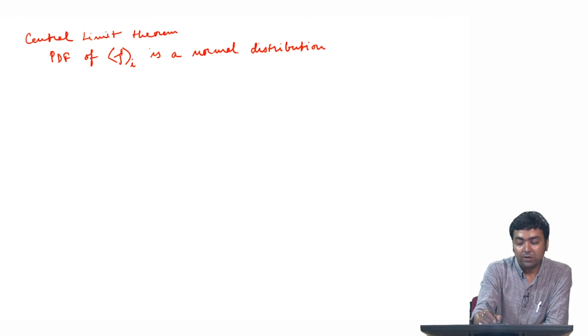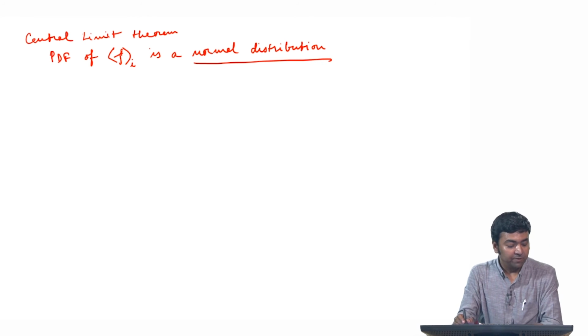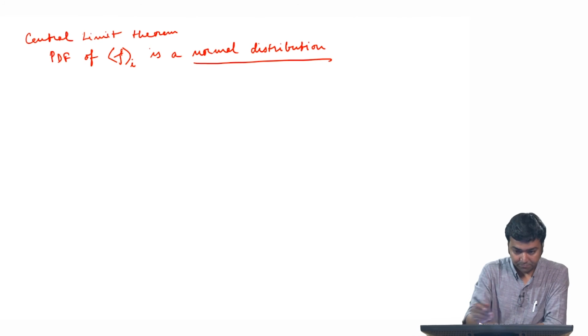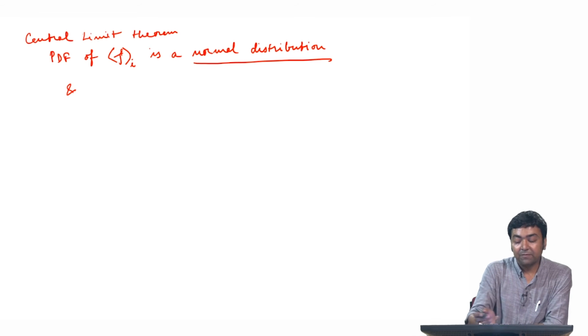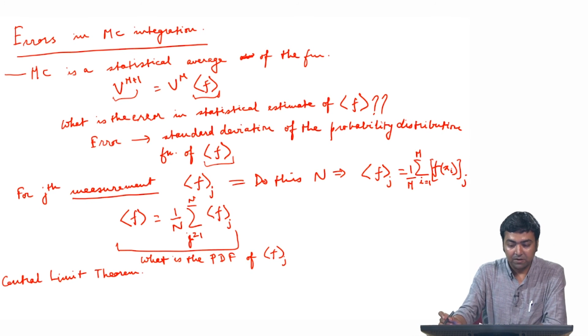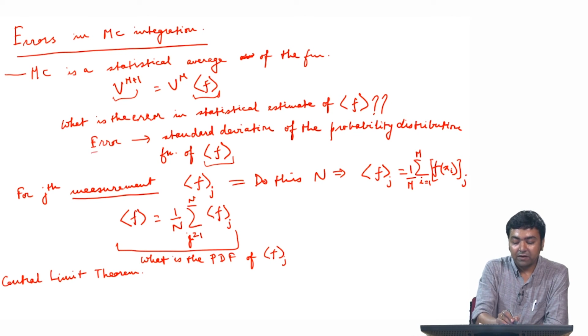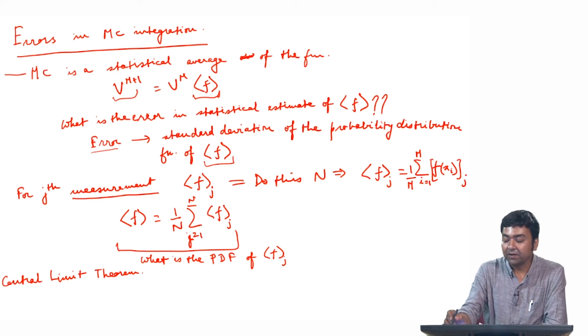So, this is what I am going to use, and as I mentioned before in the slide, the error is basically the standard deviation of the probability distribution function of f.